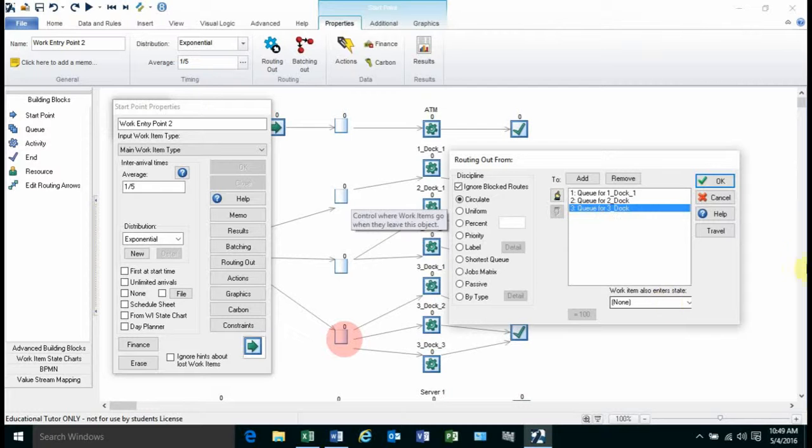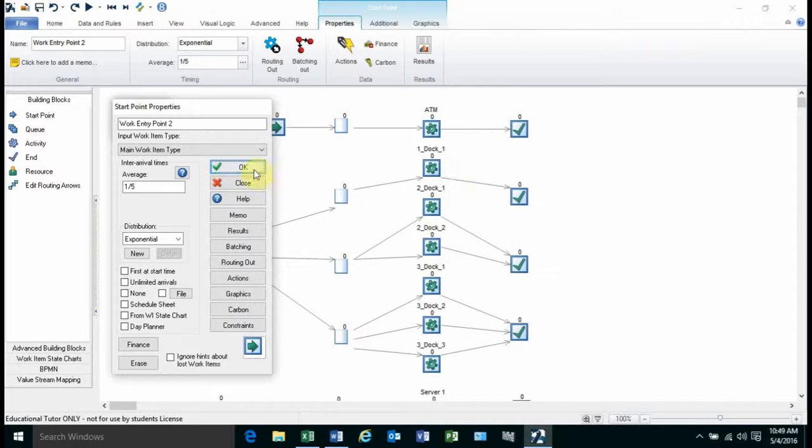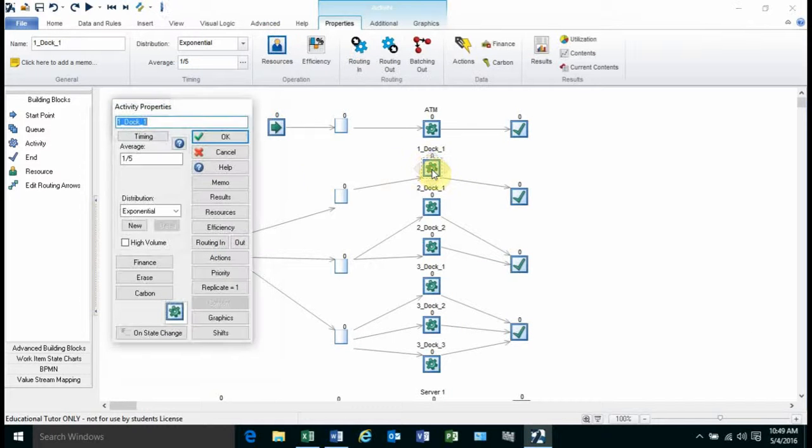You didn't have to do that, but that's kind of a cool way when you're trying to model system design choices. The service time for all of my docks is also 1/5 of a day with an exponential distribution.